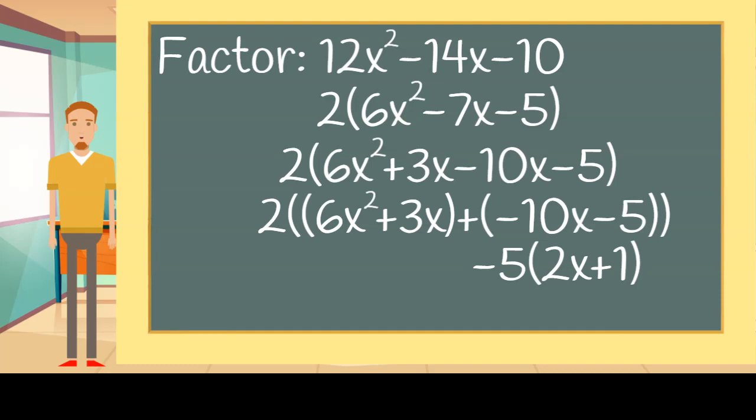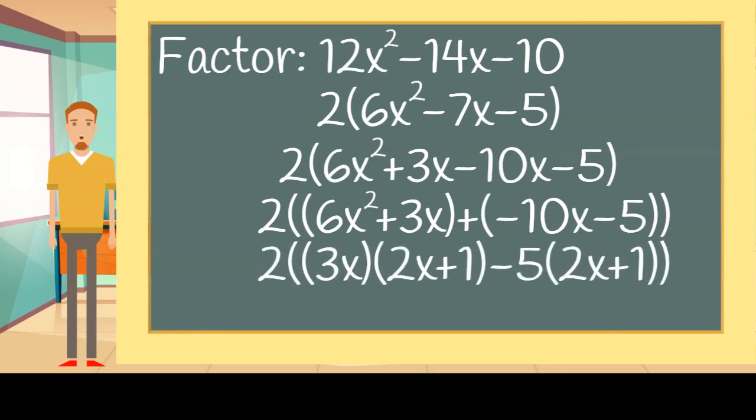Factoring out the GCF of each group will result to 3x times 2x plus 1, minus 5, times 2x plus 1. Factor out the common binomial 2x plus 1. Will result to complete factorization of the polynomial, which is 2 times 2x plus 1, times 3x minus 5.